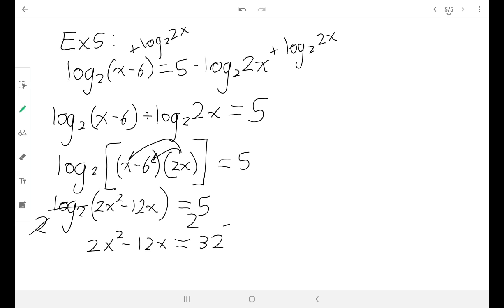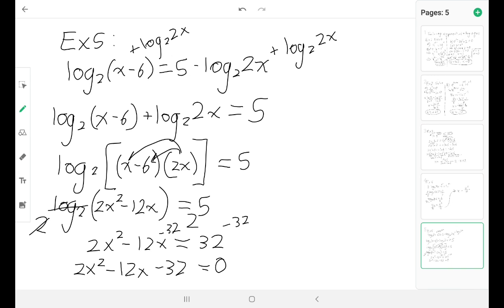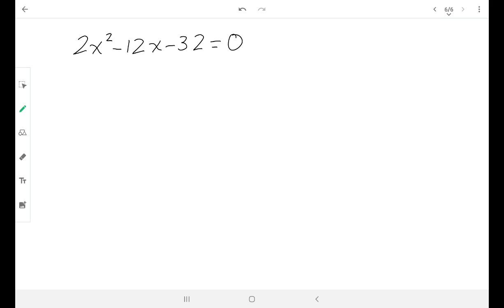And then I can subtract 32 on both sides and have 2x squared minus 12x minus 32 equals 0. And then I've just got a quadratic to solve. Let me rewrite that on a new board, and we'll solve that. 2x squared minus 12x minus 32 equals 0.